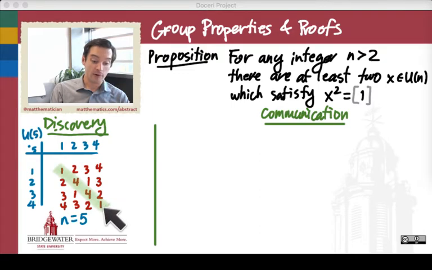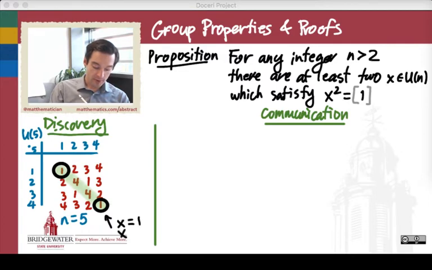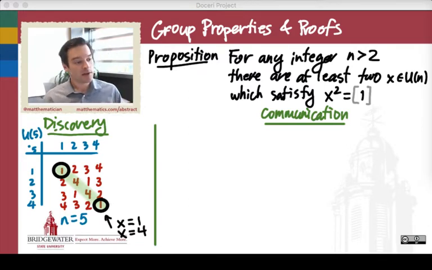Here's 4 times 4, oh, it is 1. So in my table, here are my two elements that make this statement true: x equals 1 and x equals 4. At least I believe the author of this proposition that I'm about to embark on proving is hopefully true, since I haven't found a counterexample.